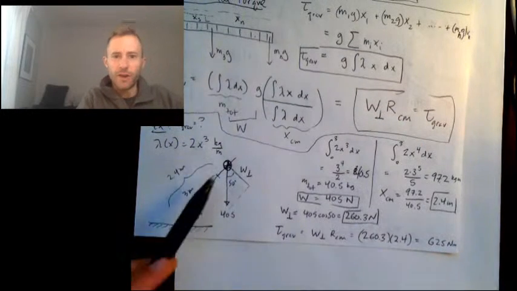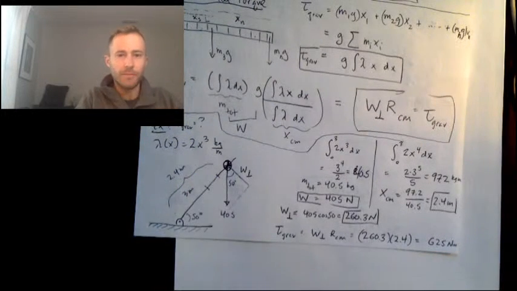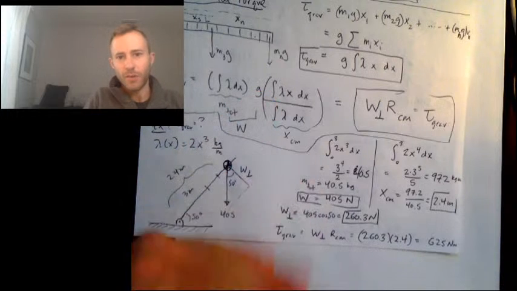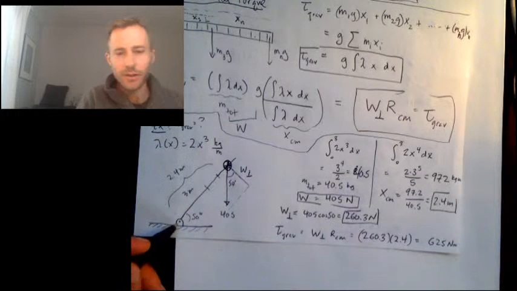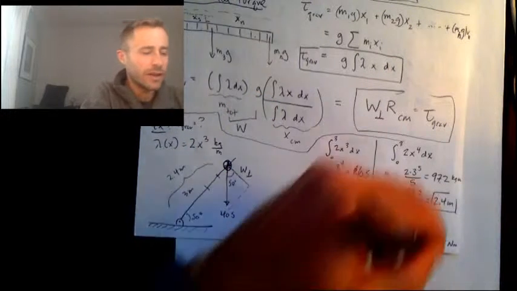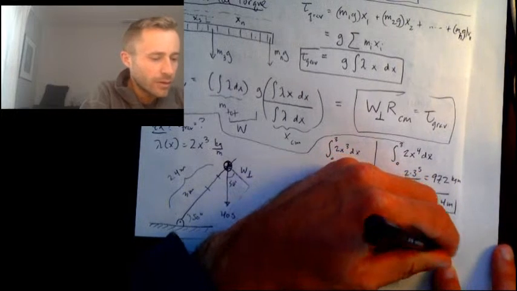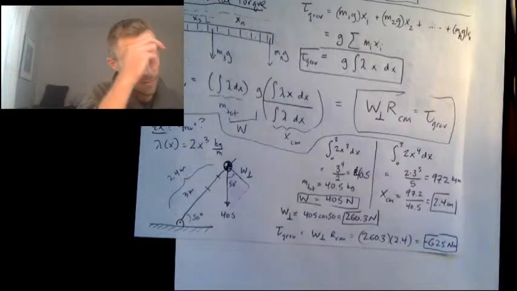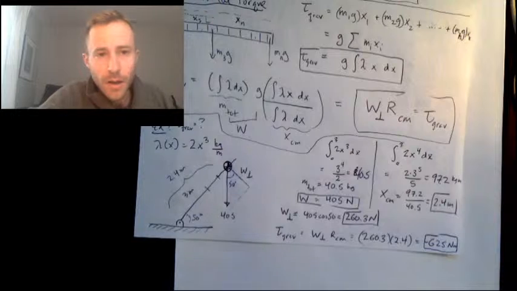Gravity is going to cause this beam to rotate in the clockwise sense because it's pinned down here at its base, so that is actually a negative torque. All right, so there you have it.